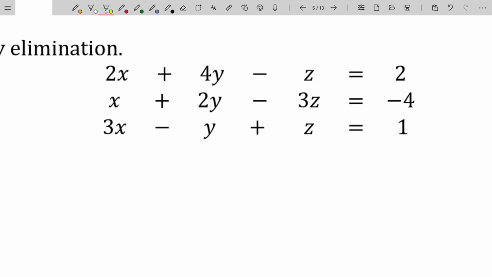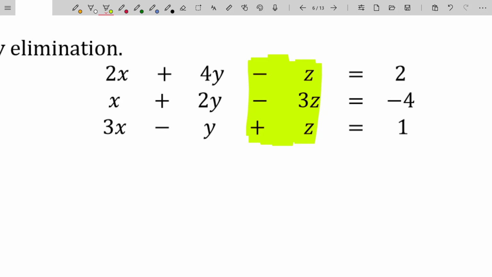And then if you're going to use elimination, choose a variable to kill off. In this case, I'm going to choose to eliminate z, because you're going to add equations together, or combinations of equations together, so that the variable z disappears. I can easily see rows 1 and 3 have opposite signs on z.